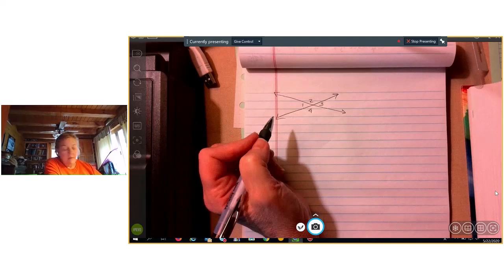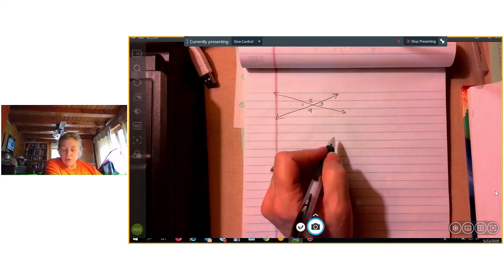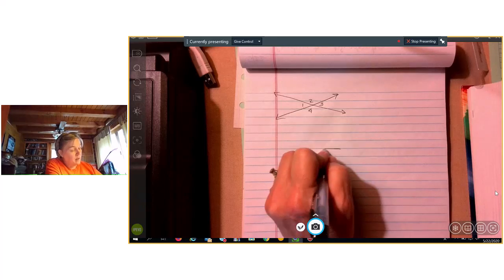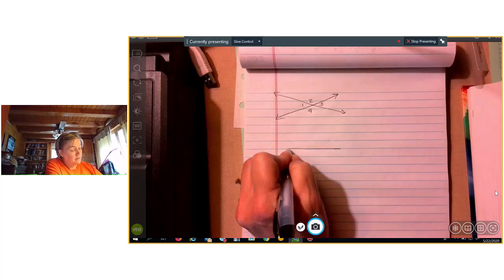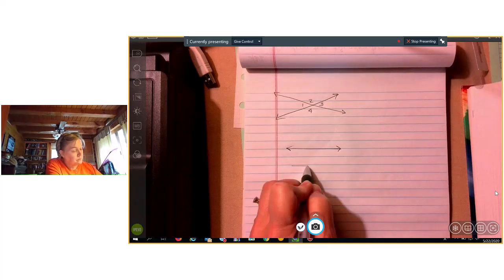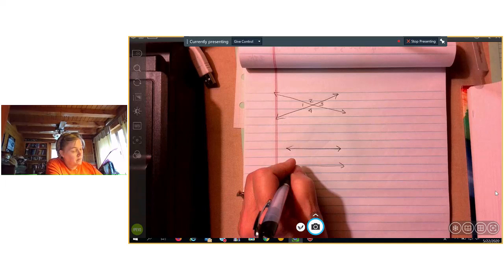But when we have two lines that are, and I'm drawing on my line so I can make sure I'm doing parallel lines here. And you see I'm not very good at doing that.